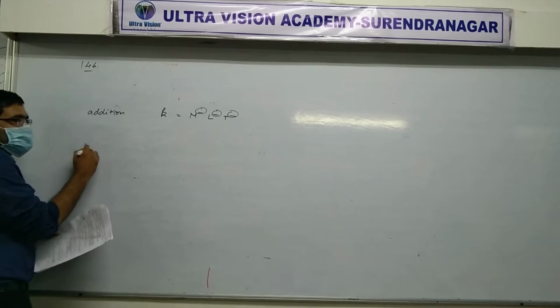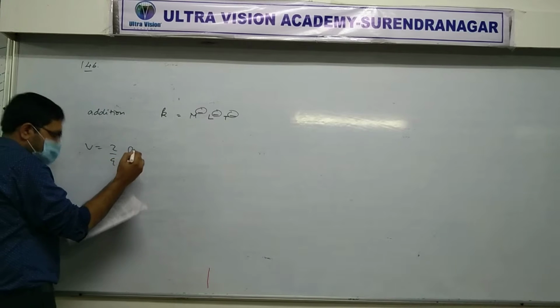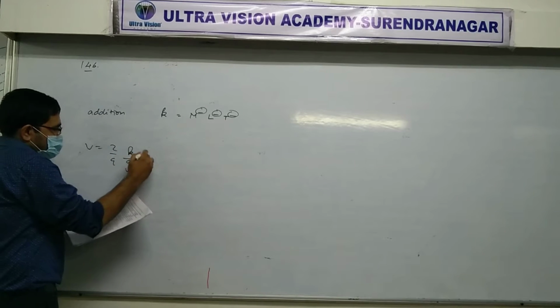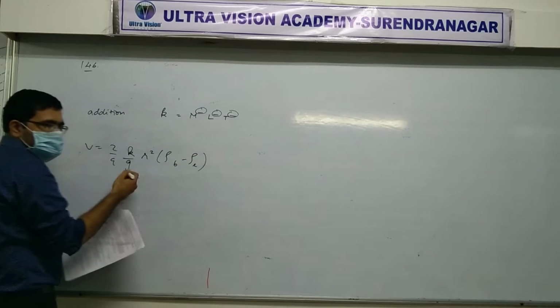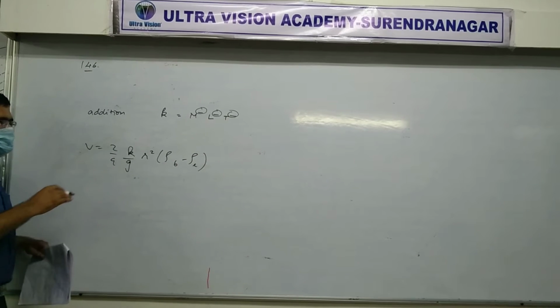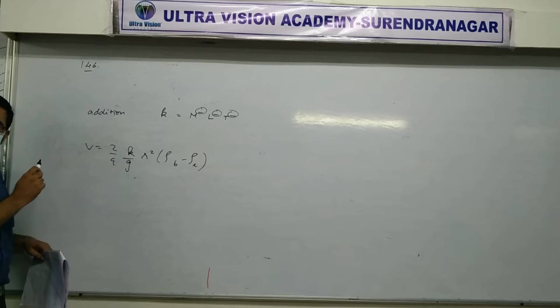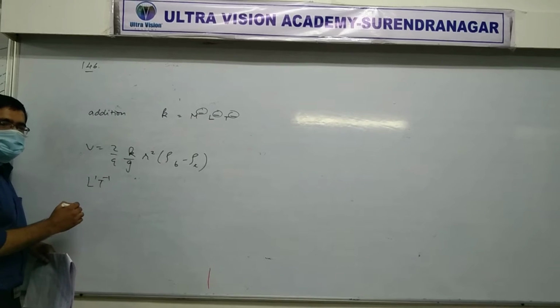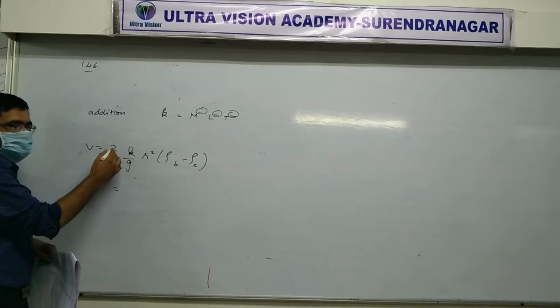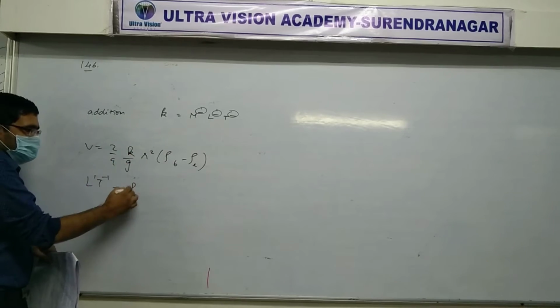V equal to 2 by 9 K upon G R squared (rho D minus rho L). For the dimensional formula, V is velocity, so that is L raised to 1 T raised to minus 1. Is it okay? 2 K we don't know.